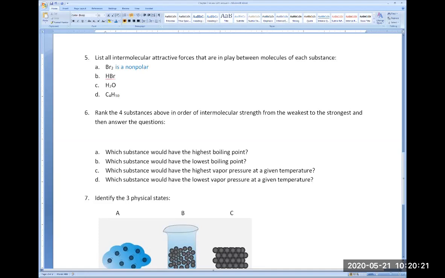It is important to know that because then what would be the attractive forces that will be playing between the Br2 molecules? So there is one that you should always list for all molecules, yes, and that's the London dispersion forces.